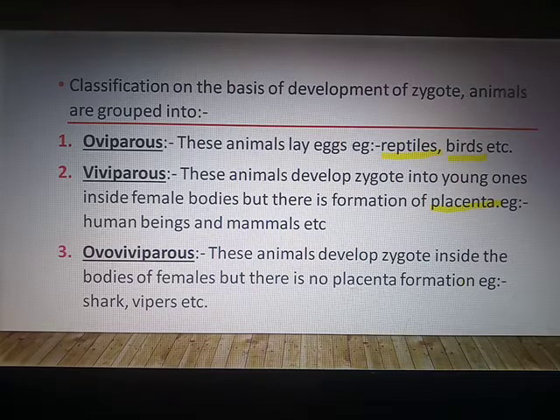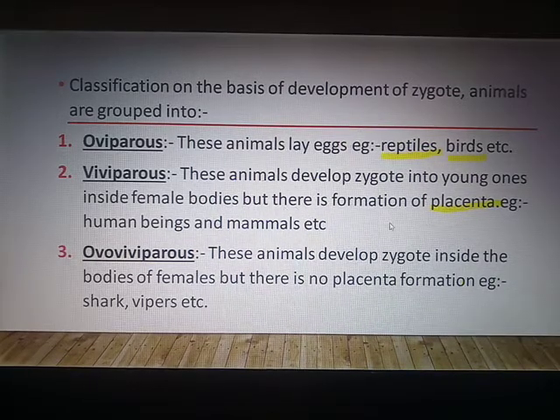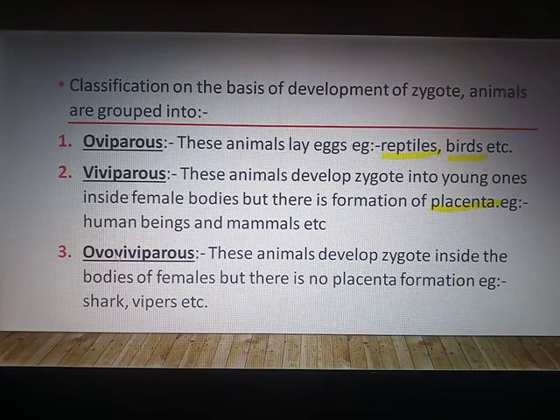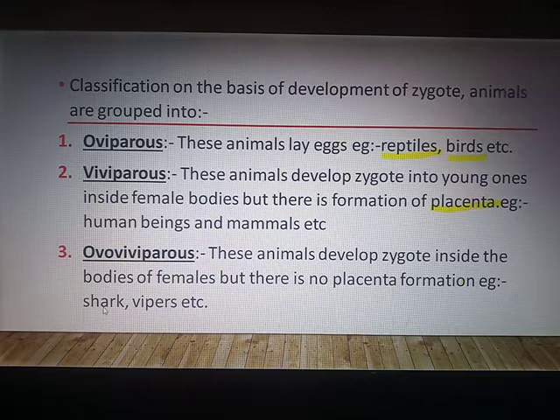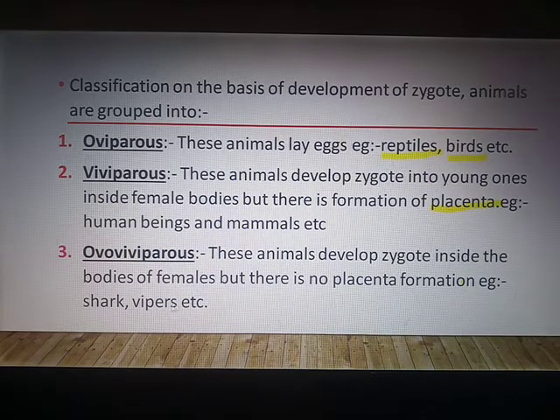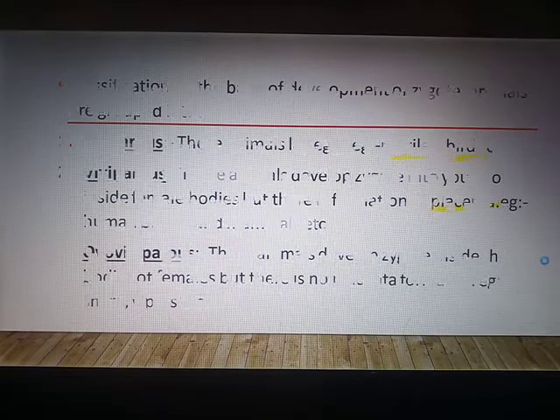Ovoviviparous doesn't possess any placenta, but viviparous possess placenta. Ovoviviparous animals are sharks, vipers. Vipers are snakes, pit vipers. Clear? So now let us see the figures of these animals.